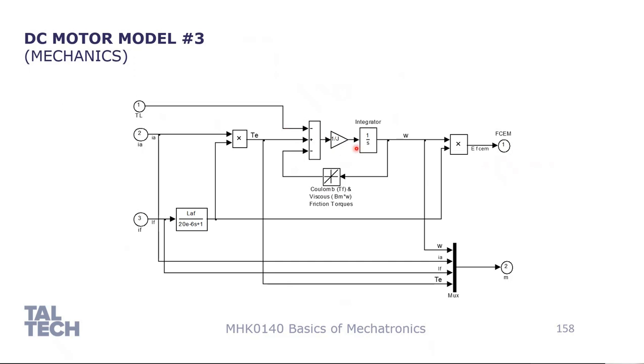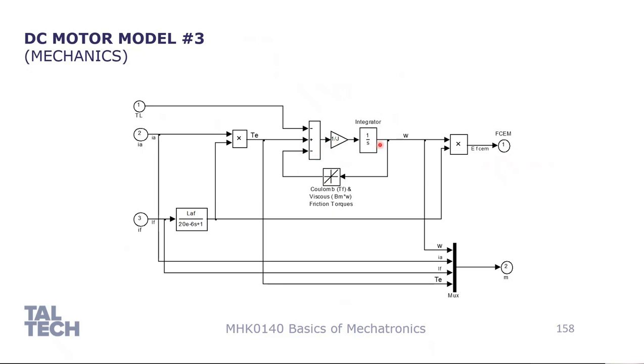So when we are taking into account these two torques, the torque that is coming from the load and the torque that is produced by the electrical machine, we can get the angular velocity, but we know that if the angular velocity is changing, it will affect the system.